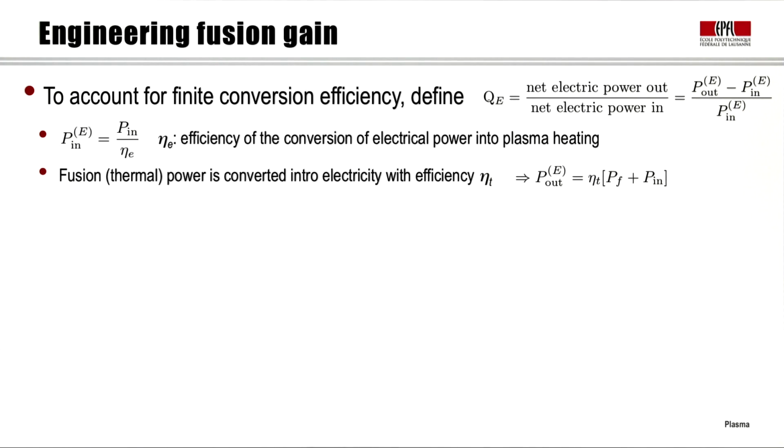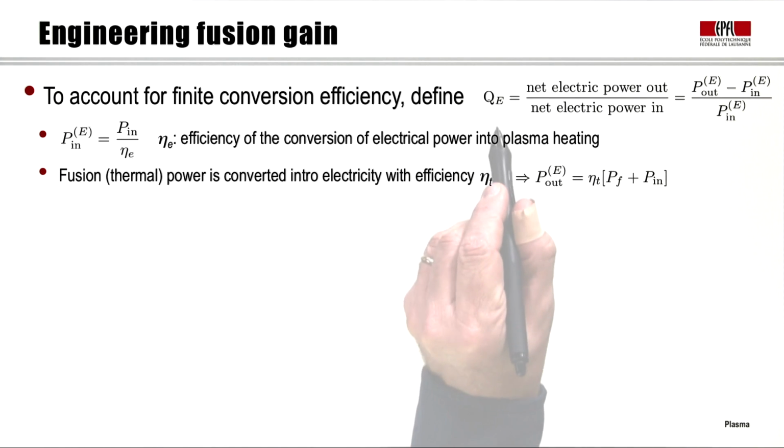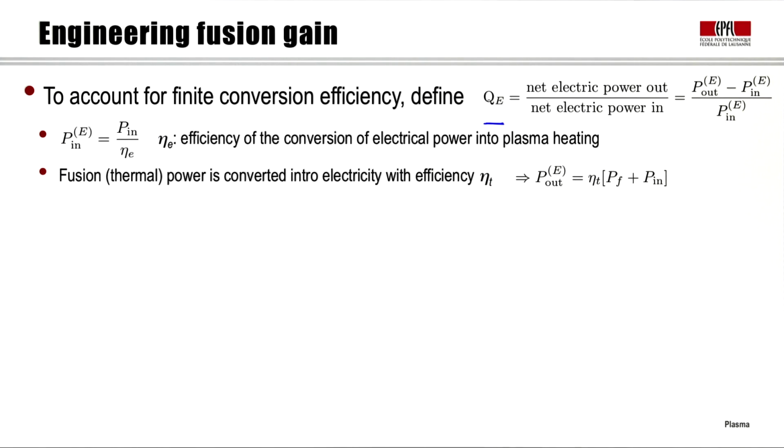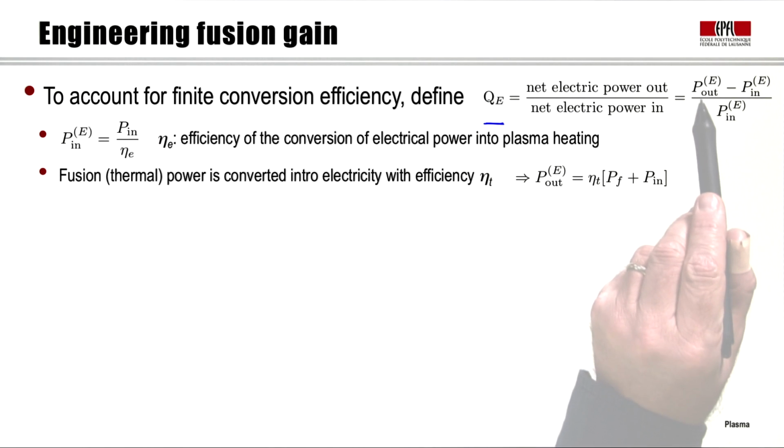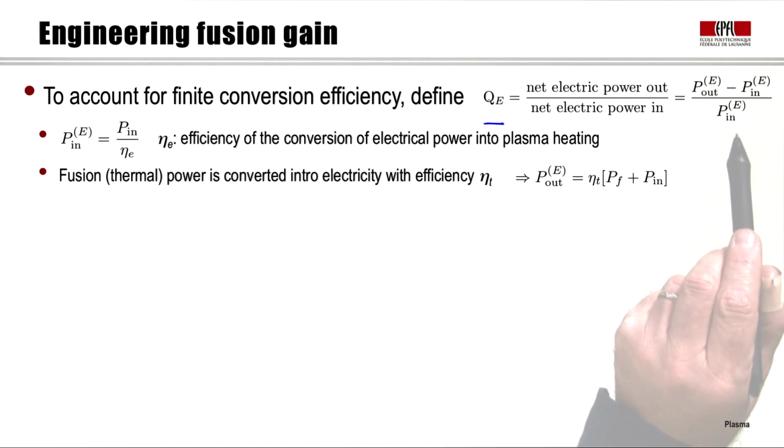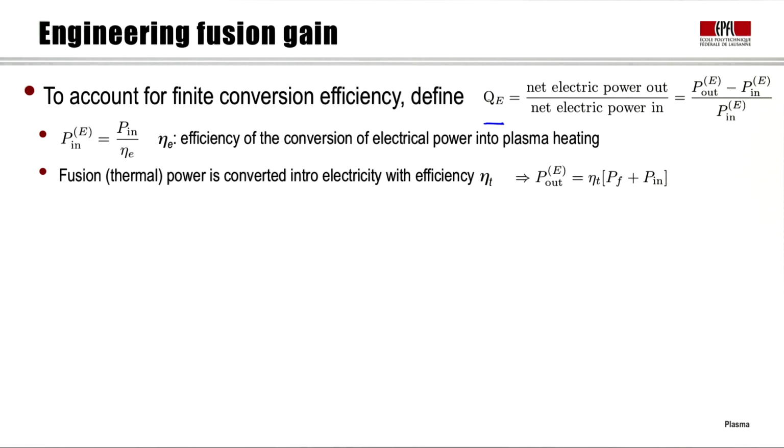Finally, we need to look at the reality of a reactor. We have finite conversion efficiencies. And to account for those, we define a value of gain which is referred to as the engineering gain, Q sub E. We define it as the ratio between the net electric power out and the net electric power in, or P out in engineering terms minus P in engineering terms, divided by P in engineering terms.